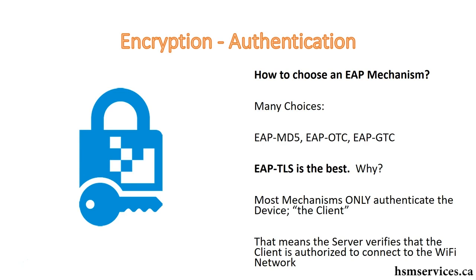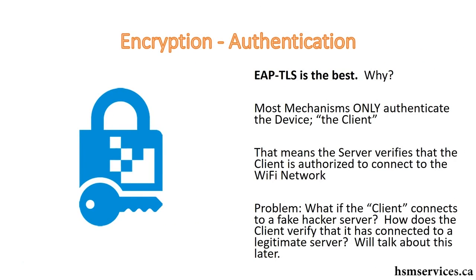What I mean by that is with MD5, for example, the server is checking to make sure that the phone or the computer or whatever is authorized to connect to the network. And so what? Well, here's a question.